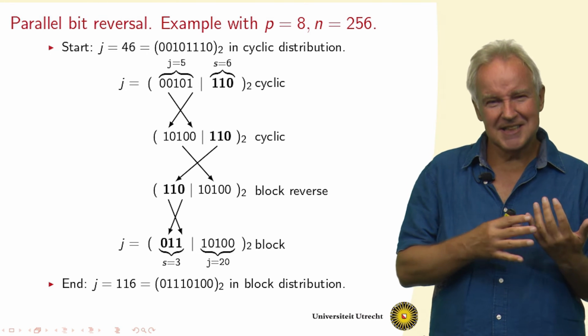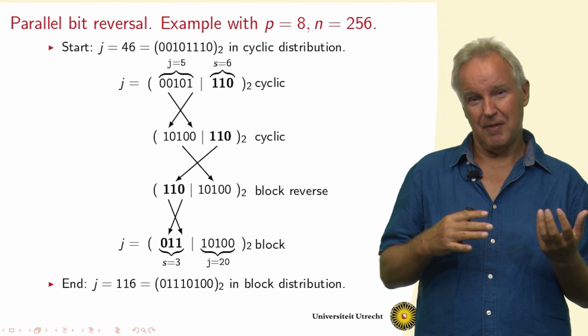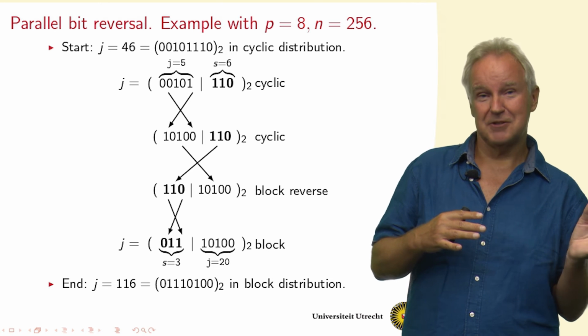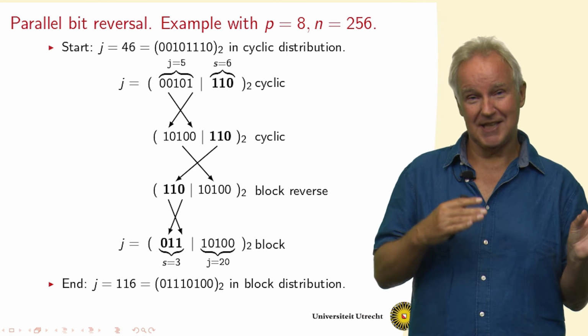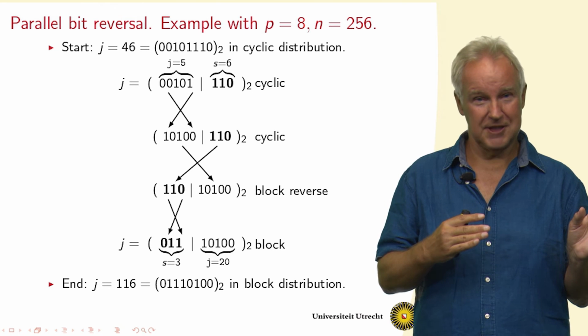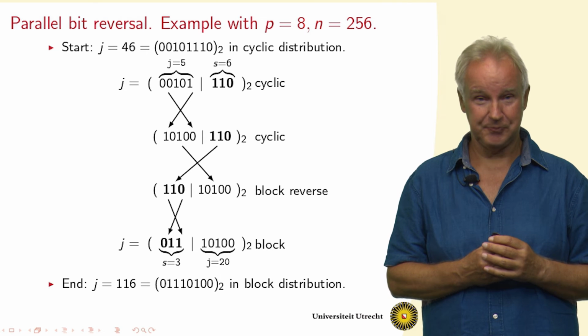This is not exactly yet the block distribution, because we want the block distribution to be in a bit reverse of the processor number, and that's the last step. We move 110 into 011, and that's the block distribution.